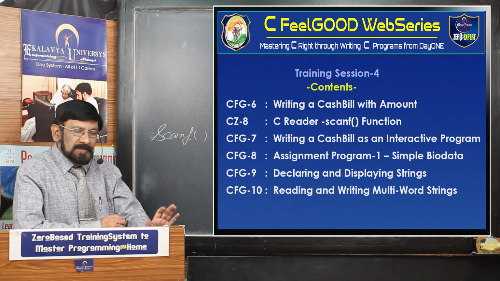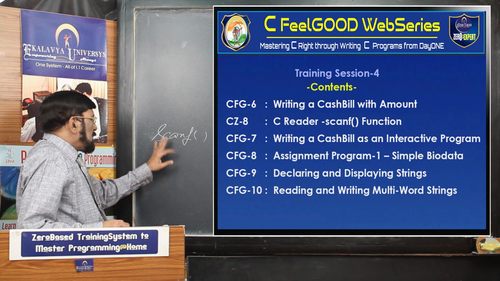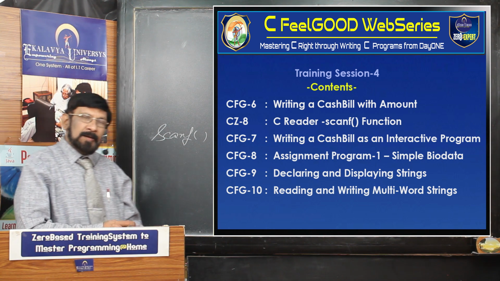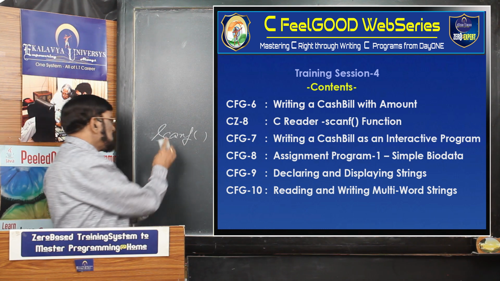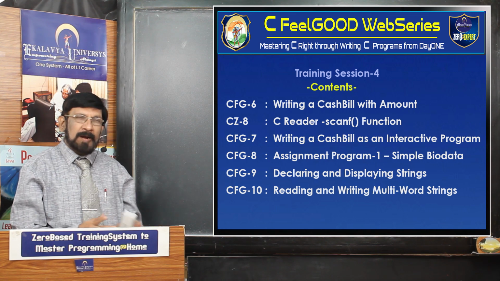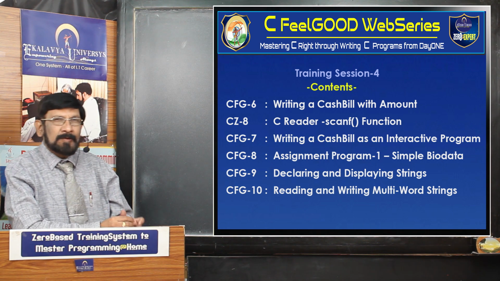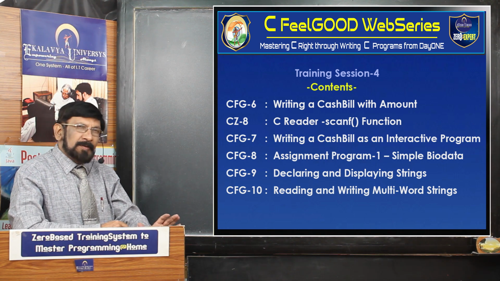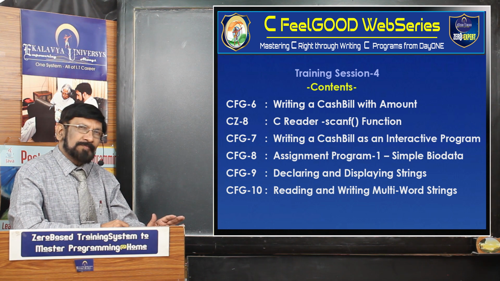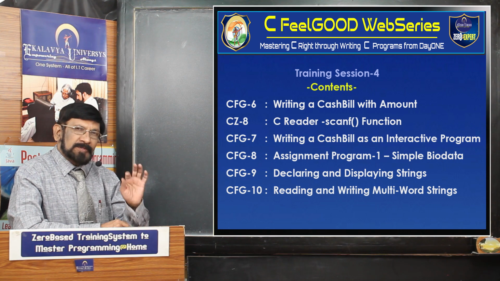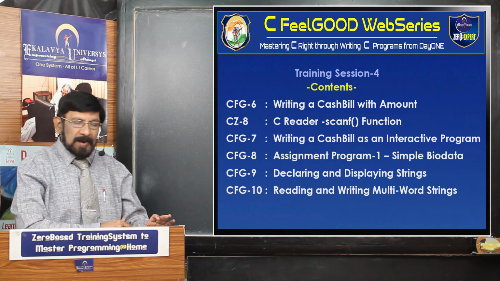That's why you learn it carefully, and while you are using scanf, you should be very careful. Otherwise, you may commit mistakes, and a lot of the time nobody will clear your doubt. That's why everywhere the scope of error is there, I focus on that. Don't worry about that, but with the scanf function, be a little careful.